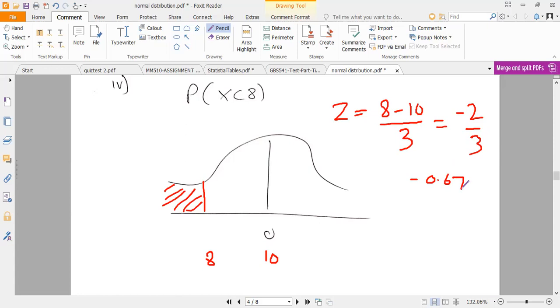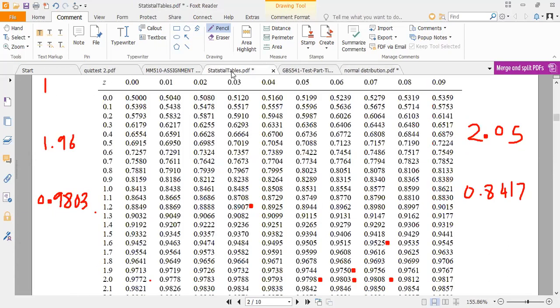So now we identify the negative 0.67. Give me the reading for 0.67.